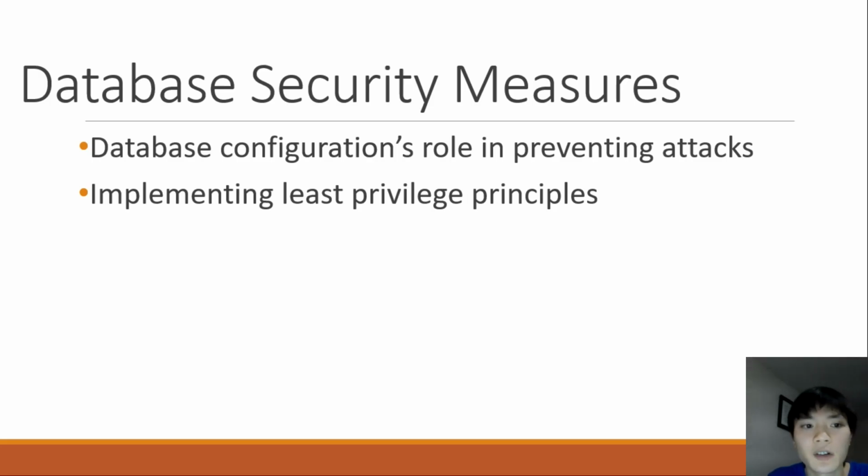And for database security measures, one key principle is the implementation of least privilege. This means that every database user should have only the minimum permission necessary to perform their tasks. This ensures that known vulnerabilities are fixed in a timely manner. Encryption of sensitive data also adds another extra layer of security.